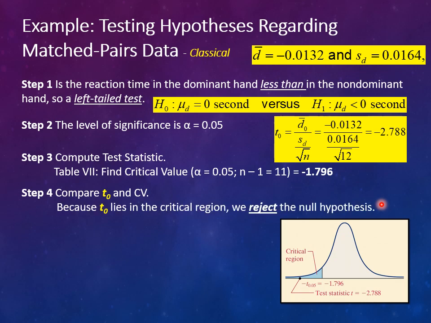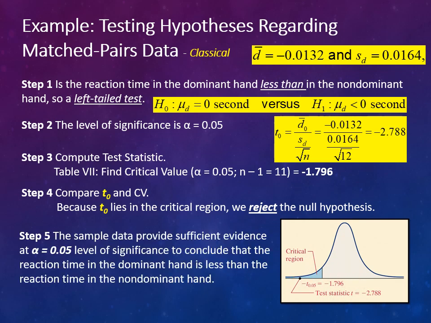In this case, it's easier visually to see it, but it's really important because you're not always going to have these tables or these graphs. So remember what we're saying here is if our test statistic is less than the critical value, and we use less than because it's the left-tailed test, then we reject the null hypothesis.